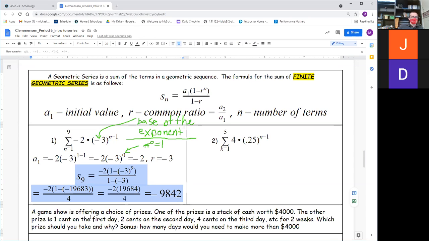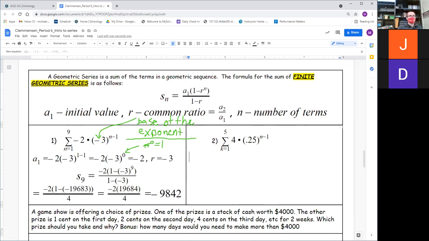Let's go through 2 together then. Get a little bit more practice with it before I set you free. My first step every time is I need to get these 3 things: my initial value, my common ratio, my number of terms.